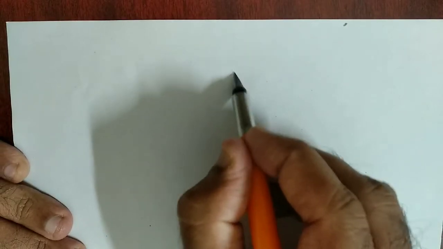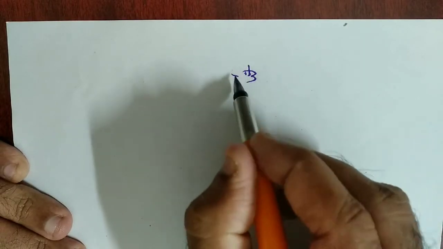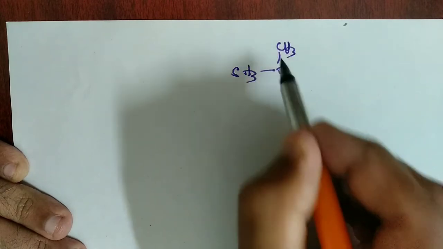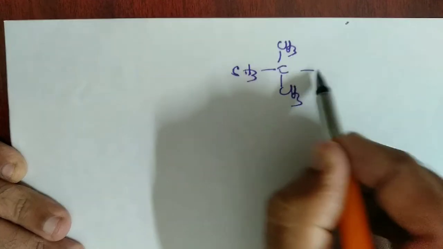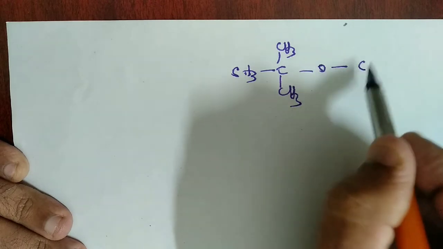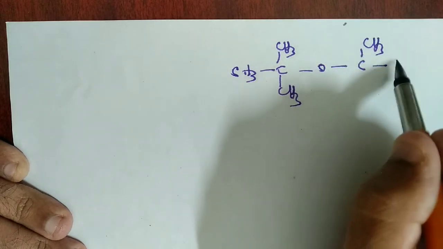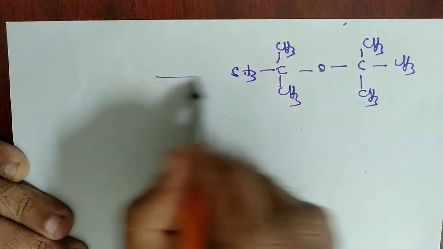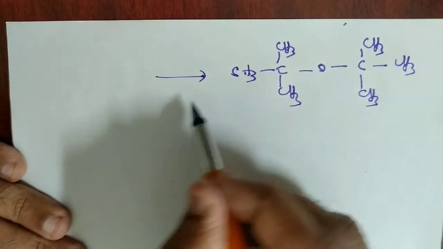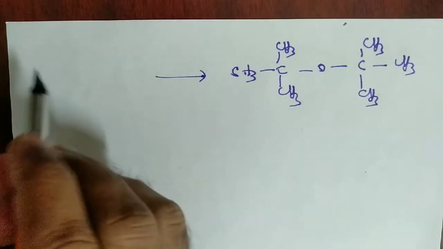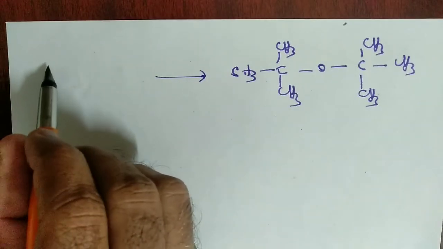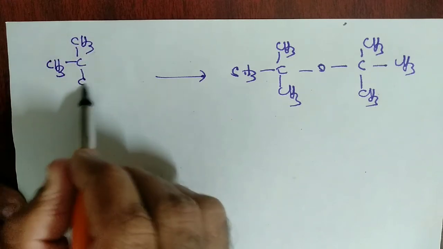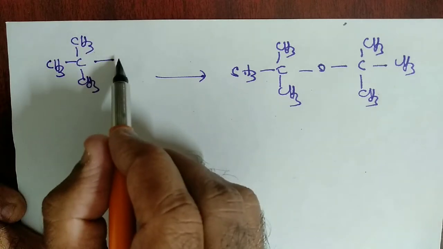Ethers having two tertiary alkyl groups like ditertiary butyl ether cannot be prepared by Williamson's method. In order to prepare ditertiary butyl ether by Williamson's method, the alkyl halide should be tertiary butyl halide.